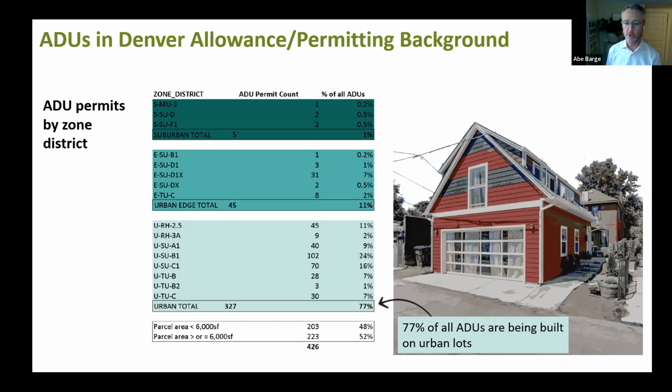Urban neighborhood context are neighborhoods closer in towards downtown, and include Congress Park, Wash Park, Baker. Those zone districts are where most of those dots are, as you saw on the map. So 77% of all the ADU permits have been in urban neighborhood context zone districts.